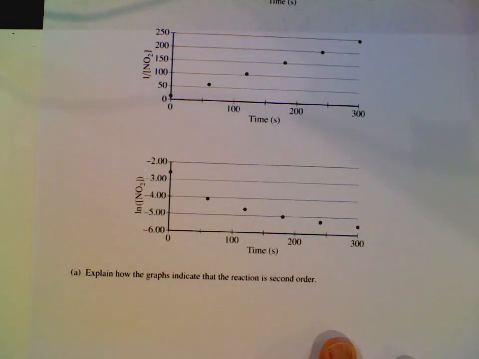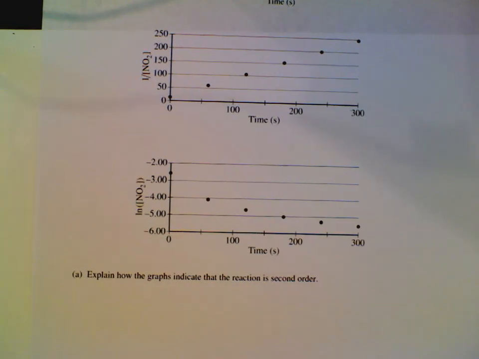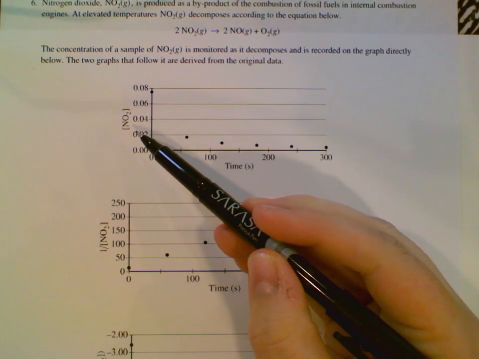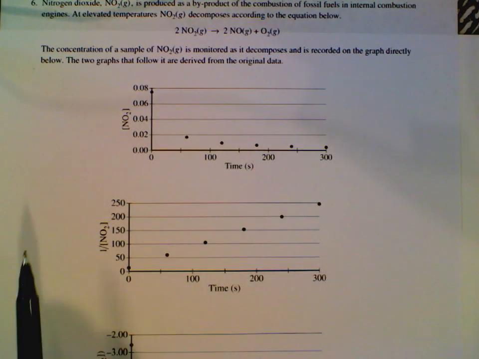All right, so it says, explain how the graphs indicate that the reaction is second order. So you look at this and you're like, hey, they told me it's second order, but I should have known that already. So if you look at the graphs, we have a graph of concentration versus time, a graph of 1 over concentration versus time, and a graph of the natural log versus time.